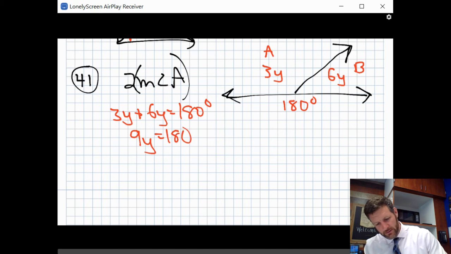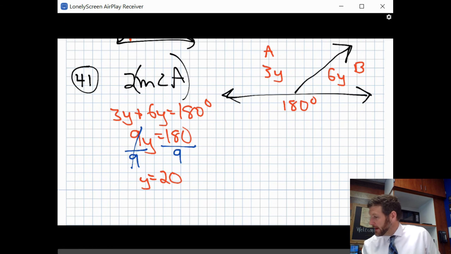I'm going to divide. Instead of multiplying by 9, I'll divide by 9. Cancels out. And so I'm left with y equals 20. And it asks for what value of y makes them supplementary to each other. Okay, so I found y, it's 20, and I can see that that is letter C.